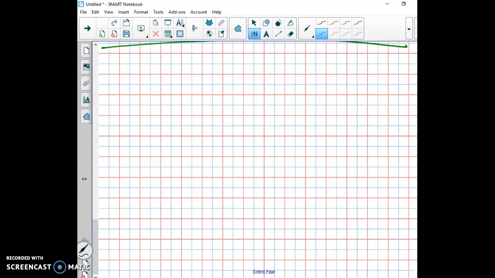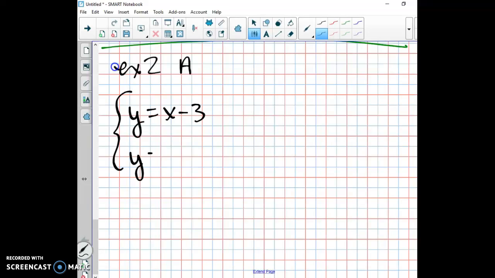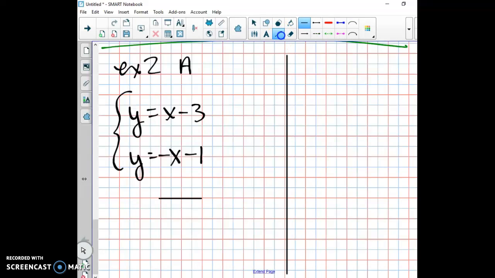In example 2, instead of them giving us the solution, we are going to graph the lines. Example 2, part A, says, let's graph the system y equals x minus 3 and y equals negative x minus 1. We're going to graph the system and find the solution.